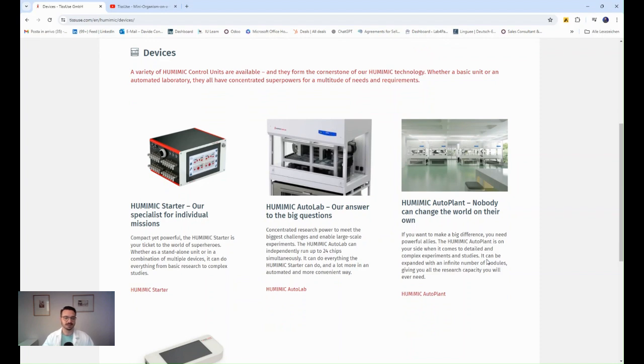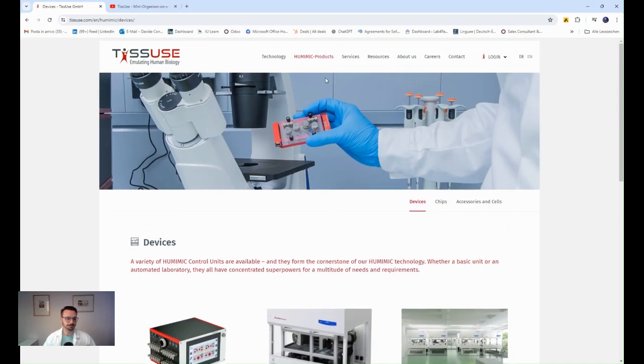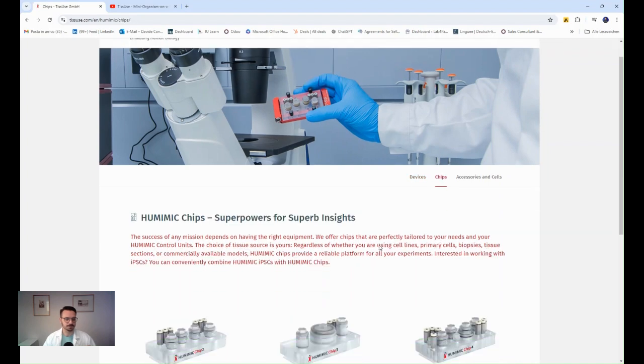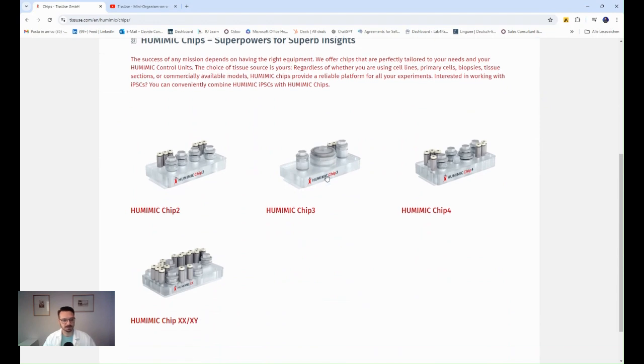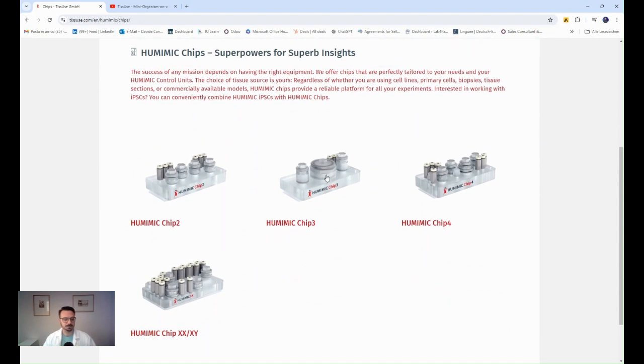So this prospectively is really supposed to be the ultimate alternative to the animal studies. And in terms of chips, they also offer different kinds of combinations depending on what you want to do. So there are different combinations of organs inside these particular chips.